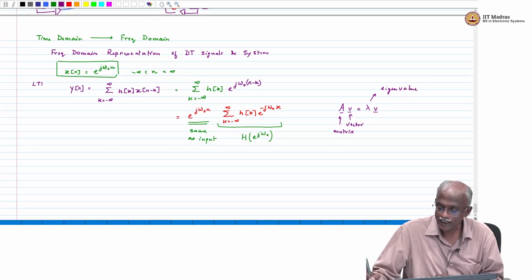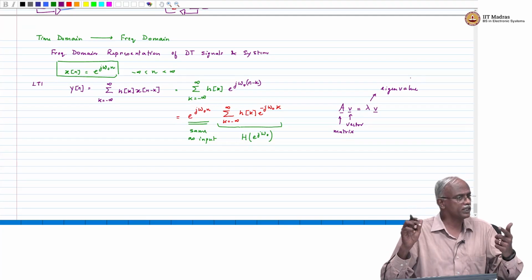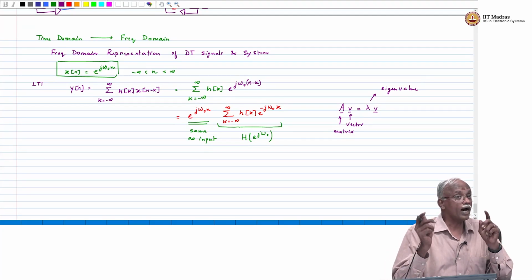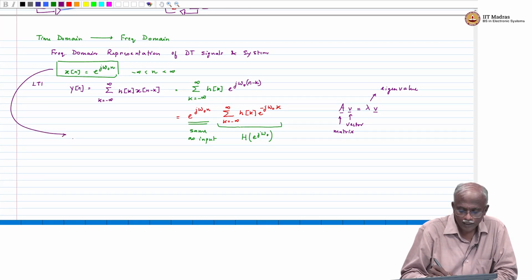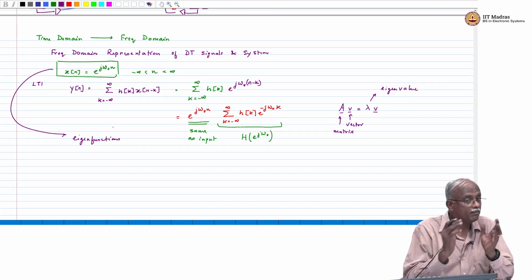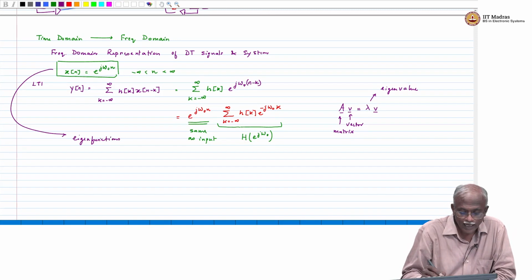Now what we are saying is that the exponentials e power j omega naught n are eigenfunctions. They are not eigenvalues, but they are eigenfunctions. And they are eigenfunctions not of one matrix or one system, they are eigenfunctions of all LTI systems.